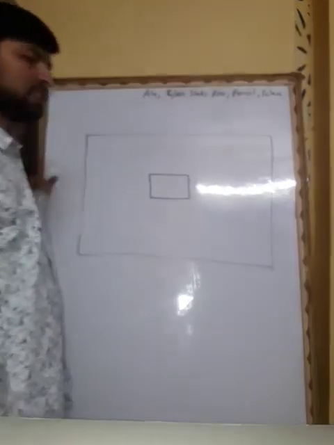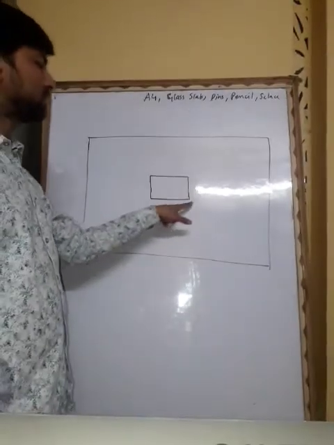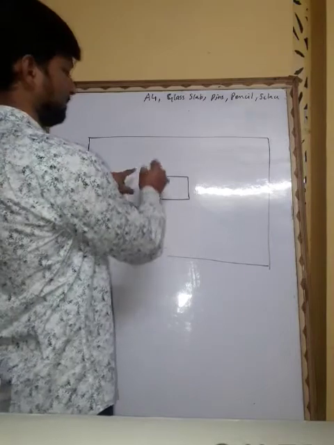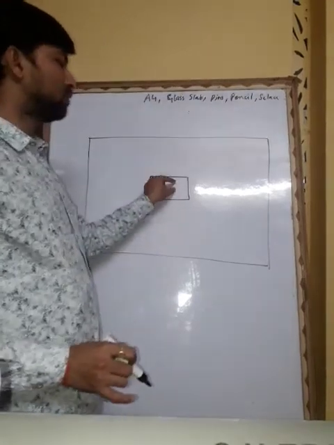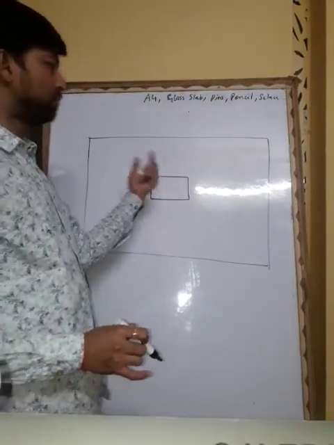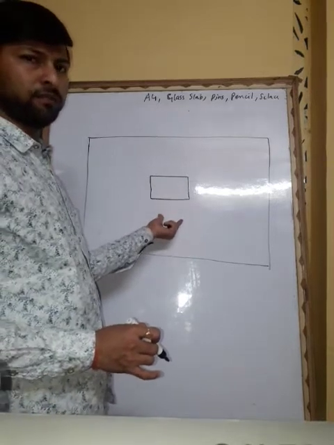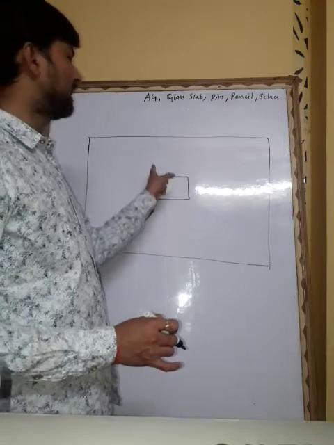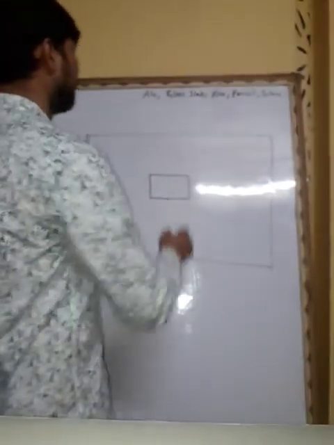Place the glass slab and mark its corners using a pencil. Now if you remove the glass slab from the paper, note that you should keep it properly so that the ray diagram you draw is not disturbed.